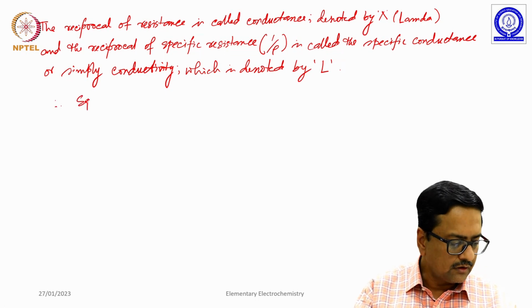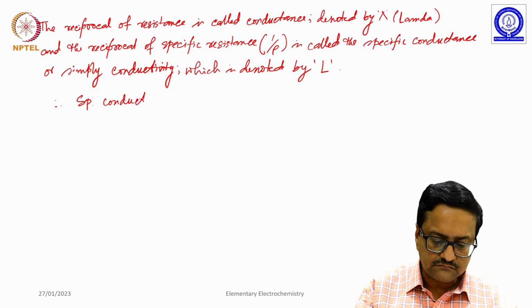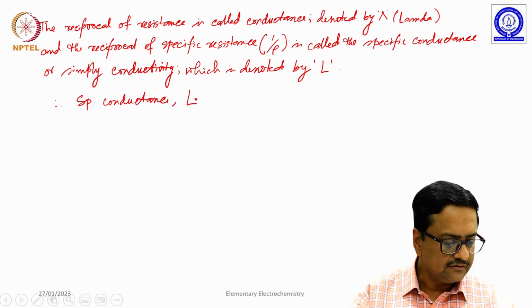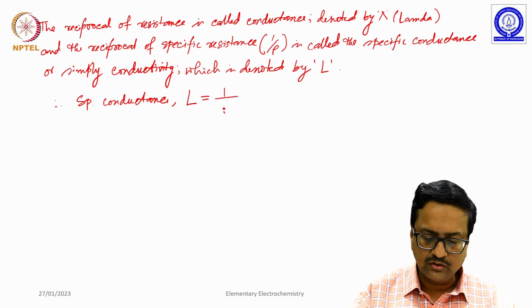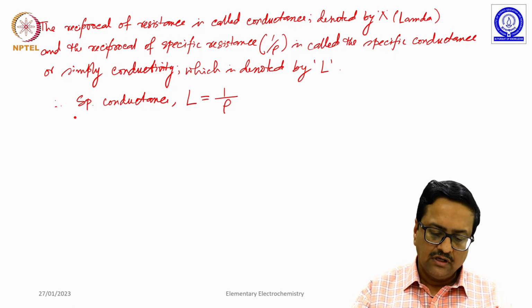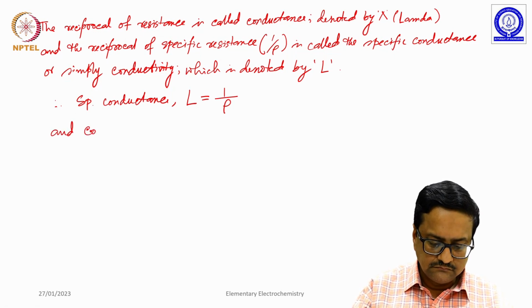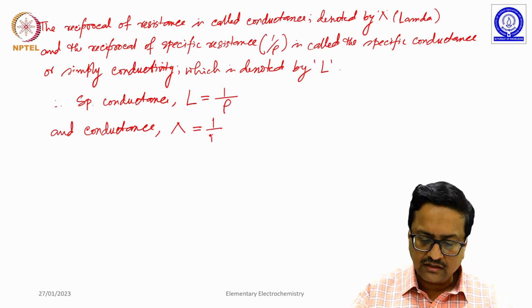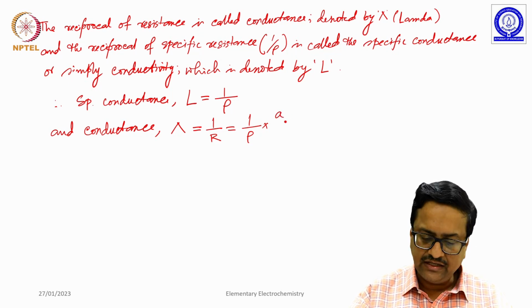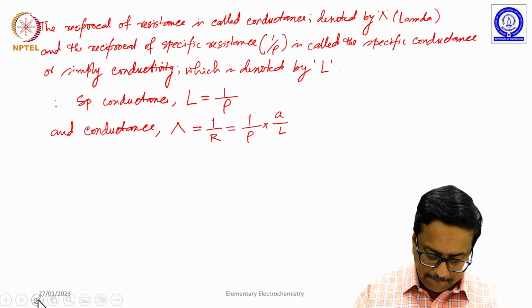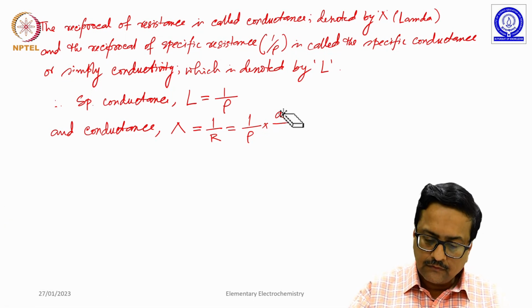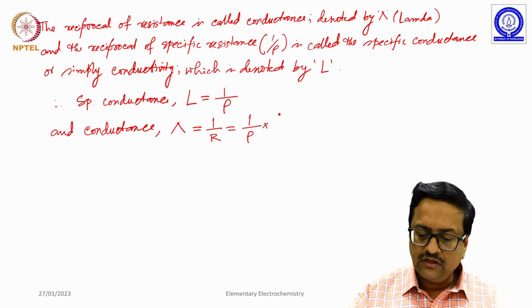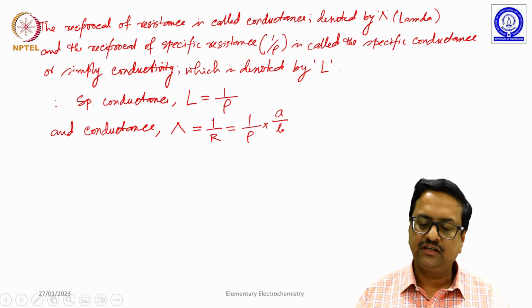So, specific conductance, written as L, is nothing but equal to 1 by rho, and conductance, written by capital lambda, is equal to 1 by R, which is equal to 1 by rho into A by l, where l is the length of the conductor.